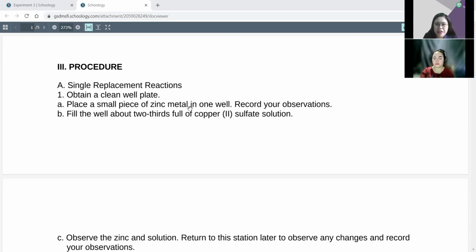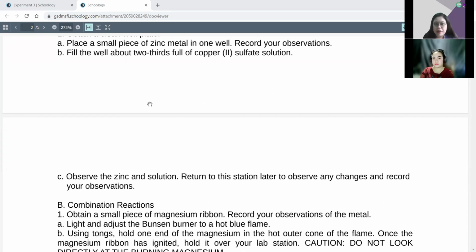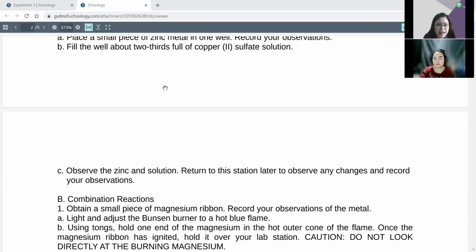So again, you have a zinc metal, and you have to react it with a copper sulfate solution or copper(II) sulfate solution. This will be done in a plate, or you can have this actually in a test tube. And then afterwards, we will be observing the reaction between the two. That's for the single replacement reaction.